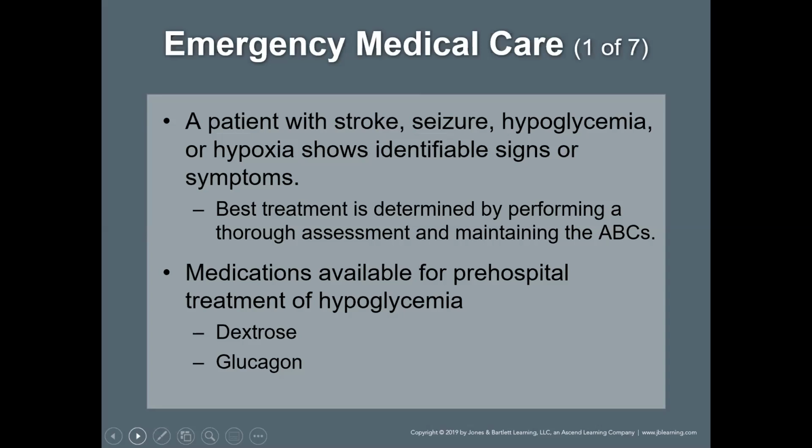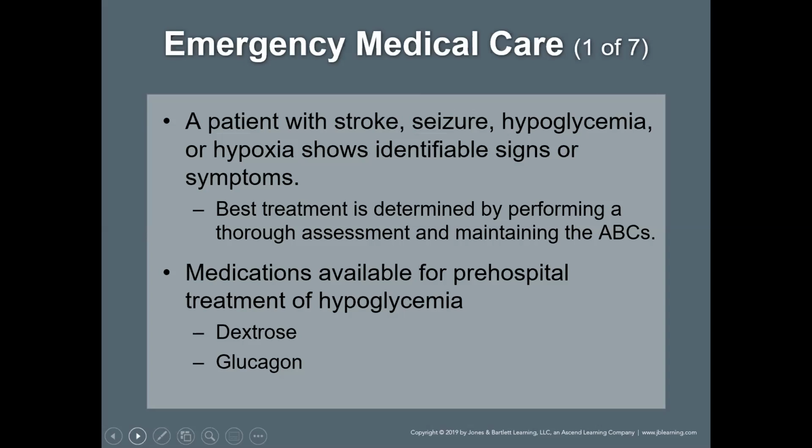So patients with stroke, seizure, hypoglycemia, any problems with their mentation, hypoxia, we're always going to assess and treat and manage those airway, breathing, circulation, primary assessment issues. Some of the things that we can do: oxygen if their SpO2 is below 94, dextrose.